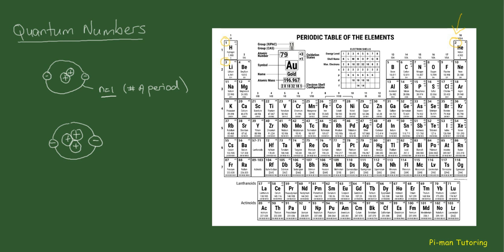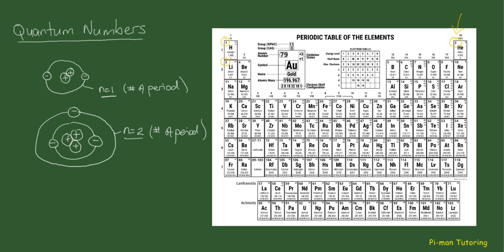And so we have moved to a new shell in order to accommodate lithium's third electron. And this is the n equals 2 energy level. And again, that is the number of the period that we are in.